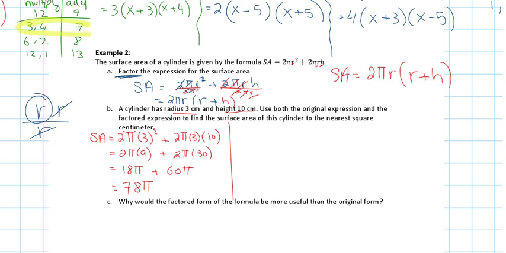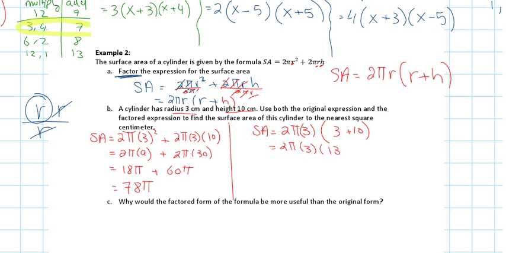Now, I showed you step by step how I got to my answer. Now let's do the same thing, but with the second formula, the formula that we factored. So I have SA equals 2 pi. Instead of R, I'm going to replace it with 3. And then I have 3 plus 10. Okay? So, BEDMAS says I have to do inside my bracket first, so that's 2 pi times 3 times 13. Right?